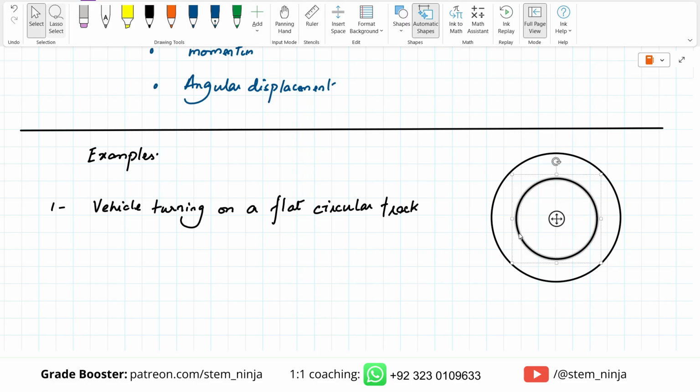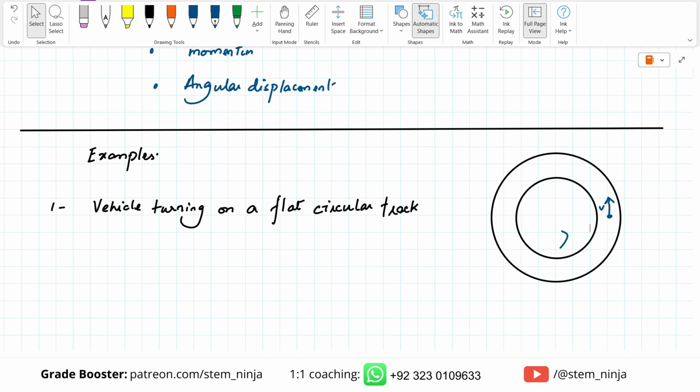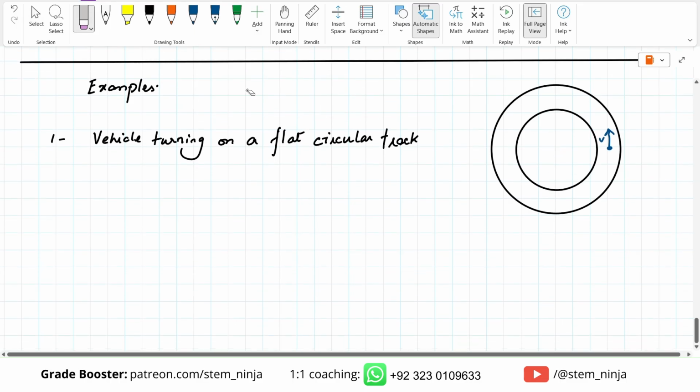This is flat, so that means this is unbanked. There's no banking involved. So your object is going in this direction. That means its velocity will be like this. Now, what does this mean for the rest of the quantities? Where is that centripetal force coming from? And how do we write that?